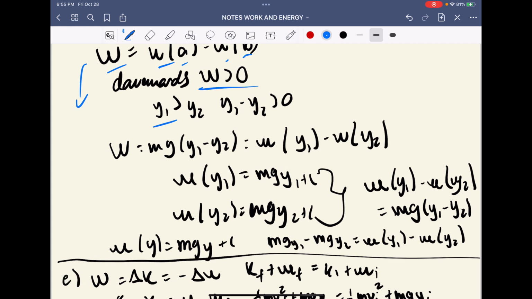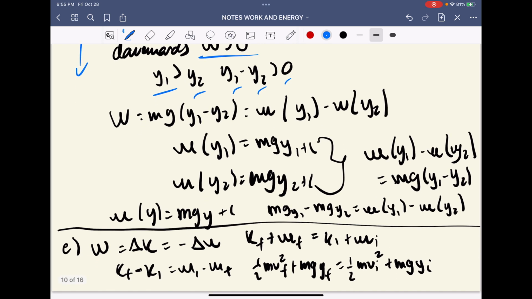Then y1 is greater than y2, and y1 minus y2 is greater than 0. The work is then mg times y1 minus y2, and that's going to be equal to U at y1 minus U at y2.